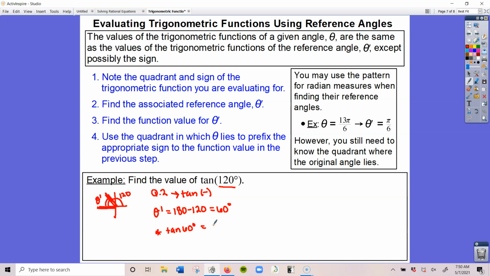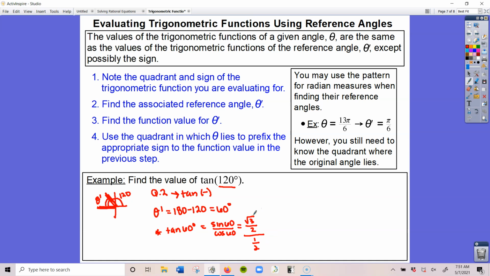Now the tangent of 60 degrees is the sine of 60 divided by the cosine of 60. If you have your first quadrant of the unit circle memorized, you know that the sine of 60 degrees is the square root of 3 over 2, and the cosine of 60 degrees is 1/2.